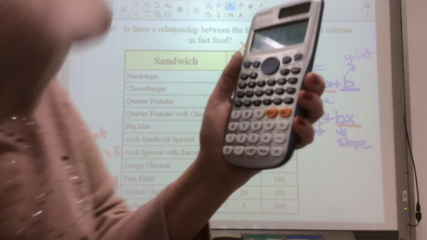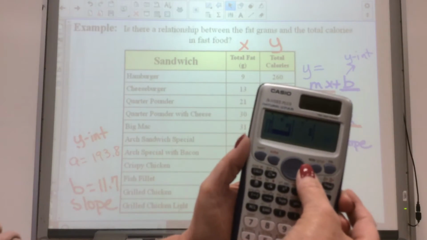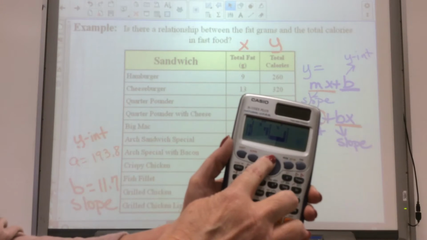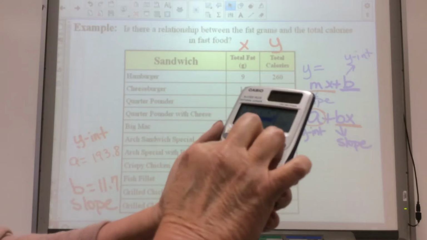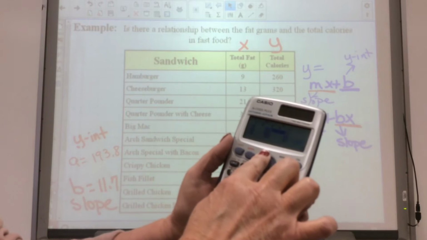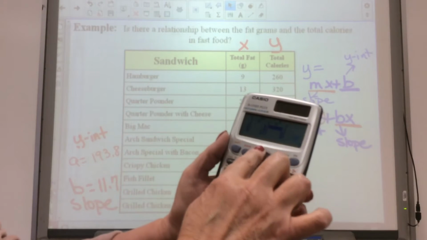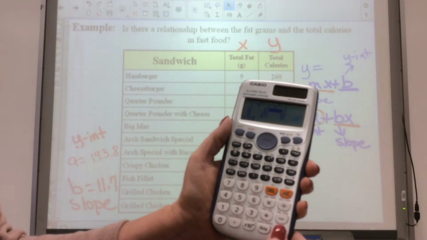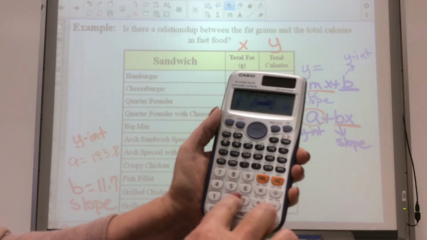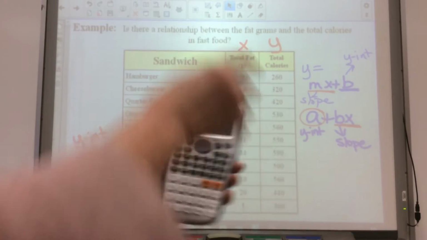Now, to get to my y, I'm going to scroll right for the y, and then I'm going to hit the up button, and that takes me to, usually I meant to hit down, but anyway, there's my first one. So I'm going to hit 260, hit equals, then I'm going to hit 320, hit equals, and I'm going to keep going.